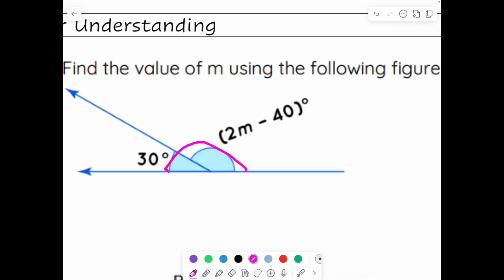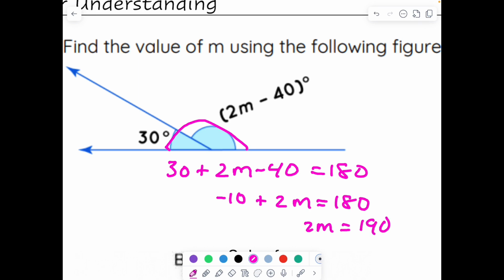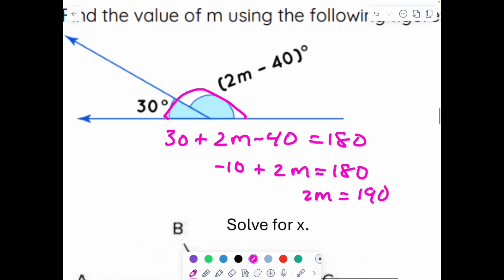They make a straight line together. So 30 plus 2m minus 40 should be 180. This is negative 10 plus 2m equals 180. So we're going to add 10 to both sides. 2m equals 190, which divided by 2, m equals 95.